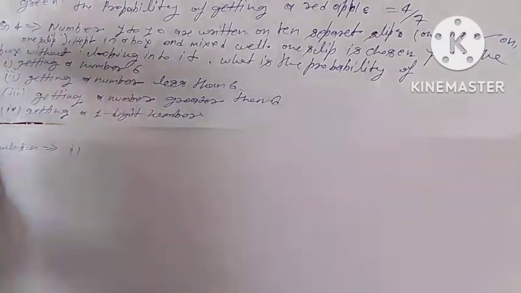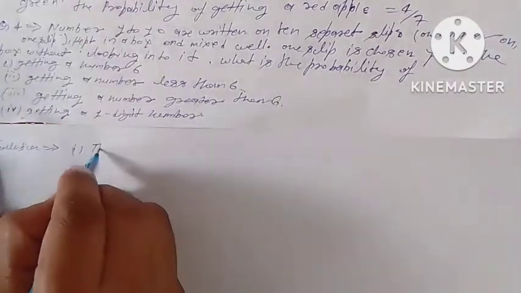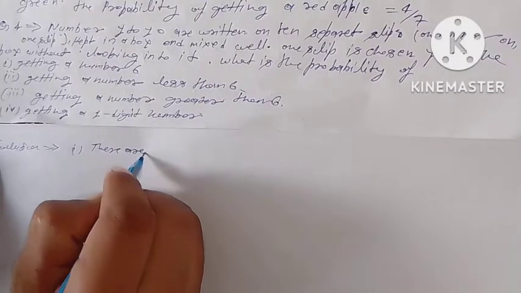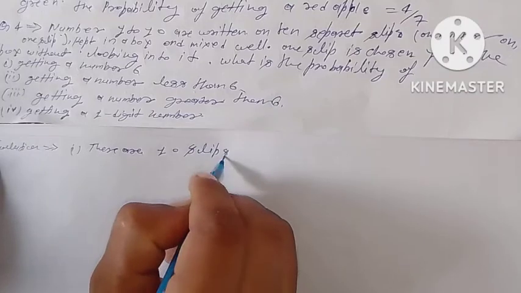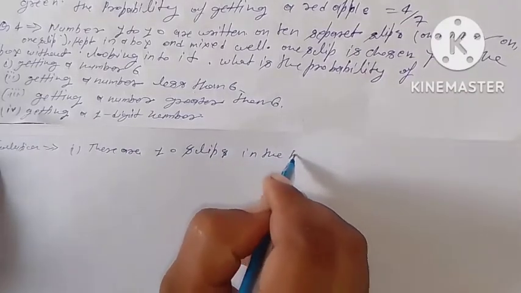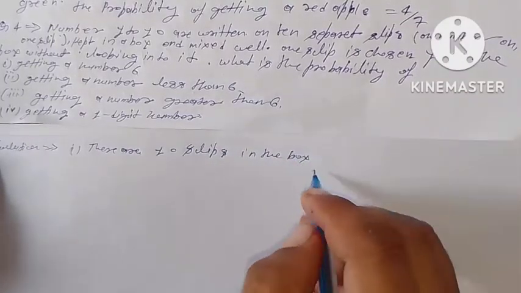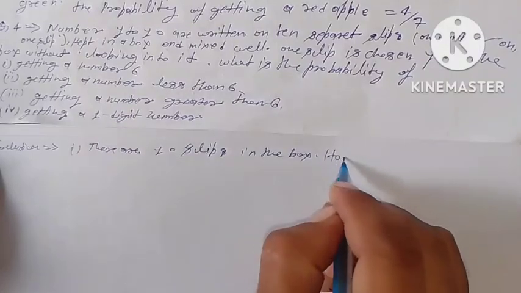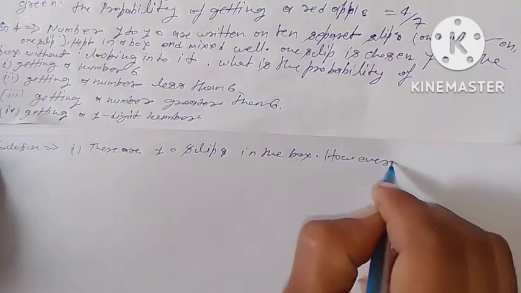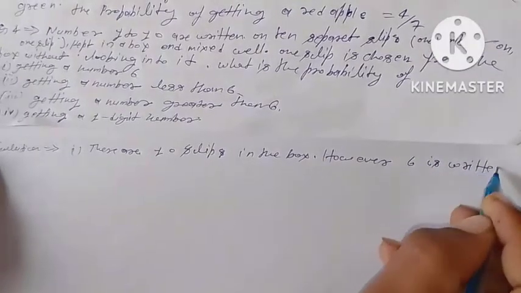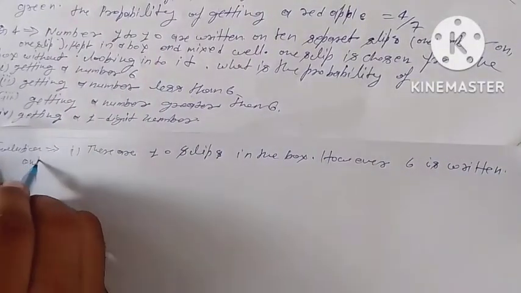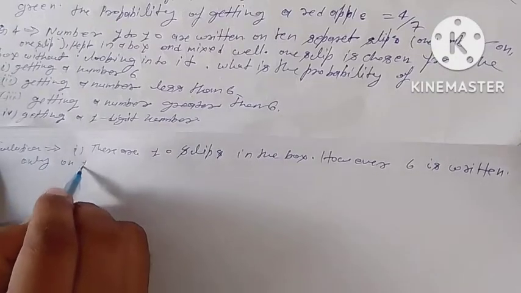First question. There are 10 slips in the box. However, 6 is written only on one slip.